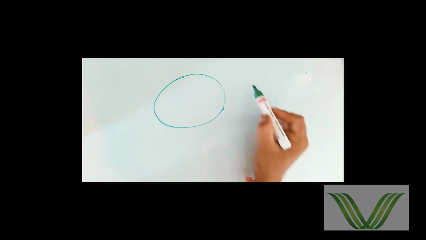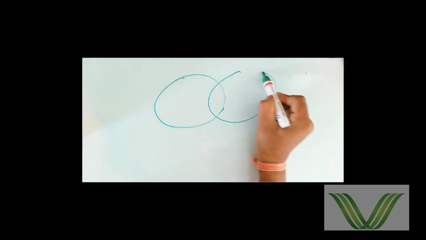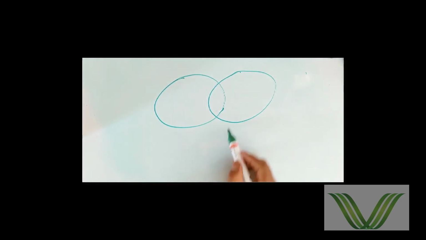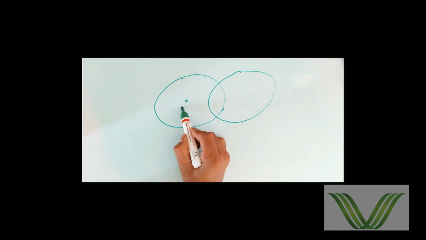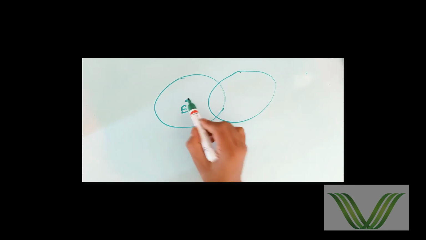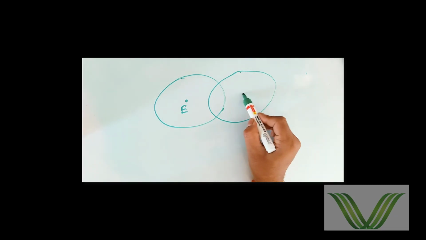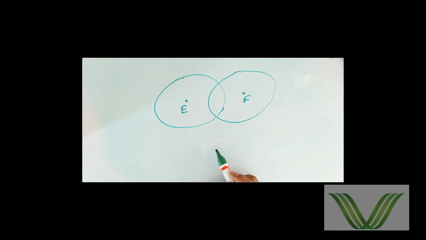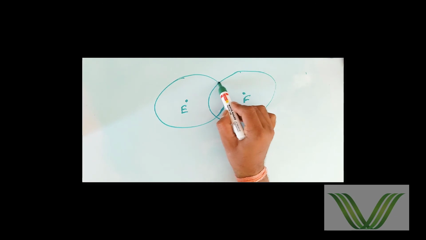Now the same circles, when they intersect, right? So the center of circle 1, I'll name it as E. The center of circle 2, I'll name it as F. Okay, my dear students, keep in mind, when two circles are intersecting each other, we have two common points.